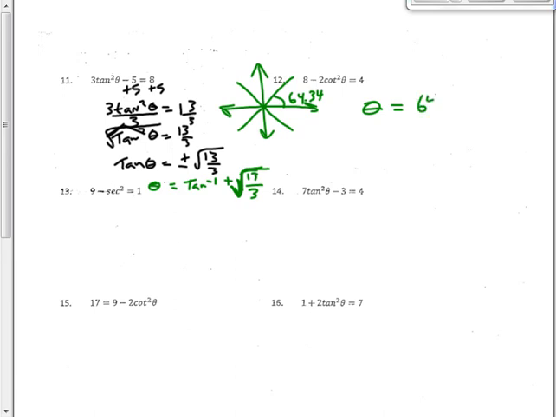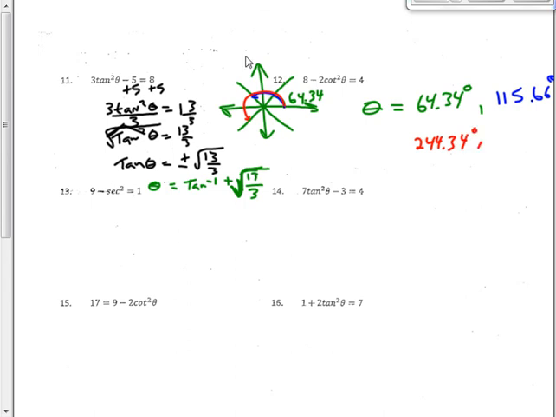So the first one is the reference angle here. The second one is this one, which is 180 minus 64.34, or 115.66. I kind of ran out of room for the degree symbol there. The third one is this one, which is 180 plus that 64.34, which is 244.34.